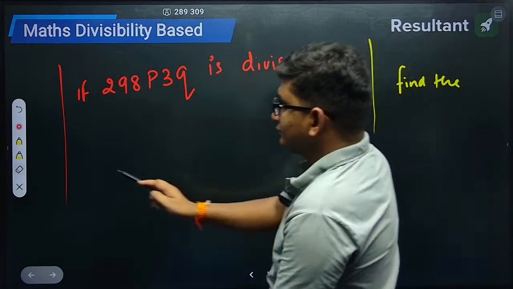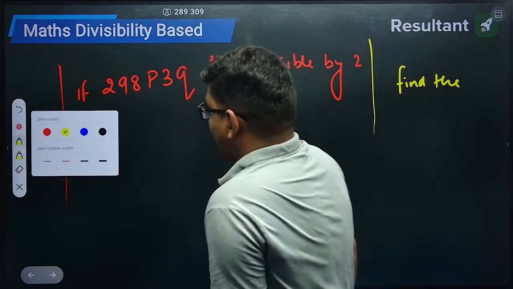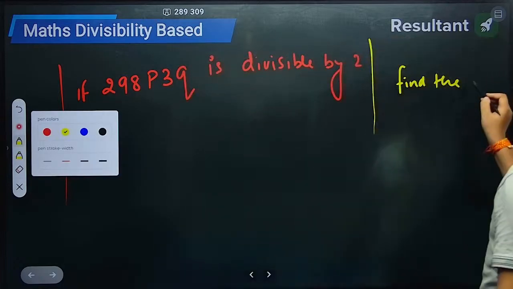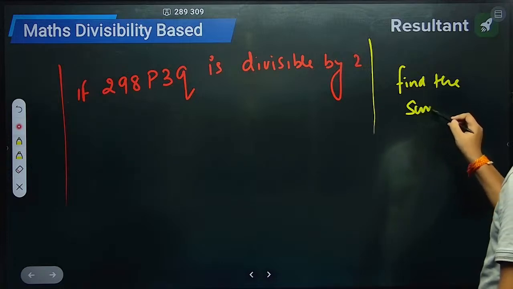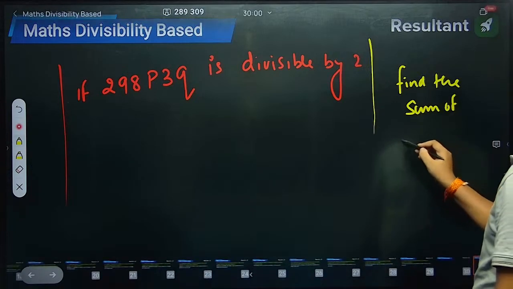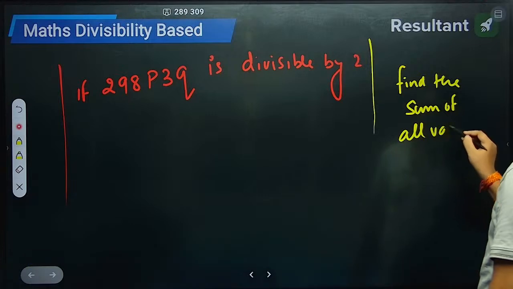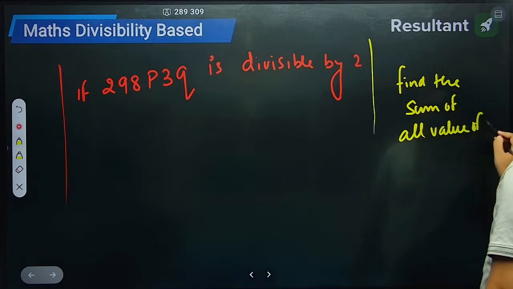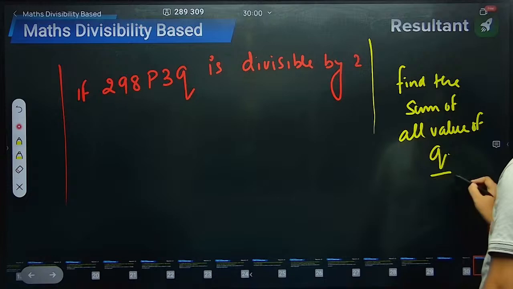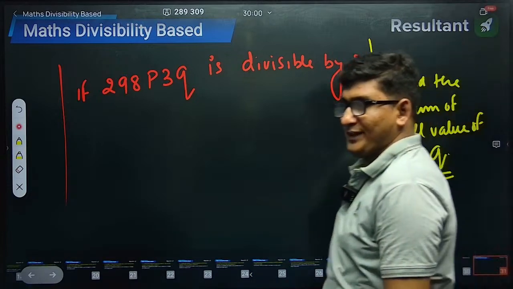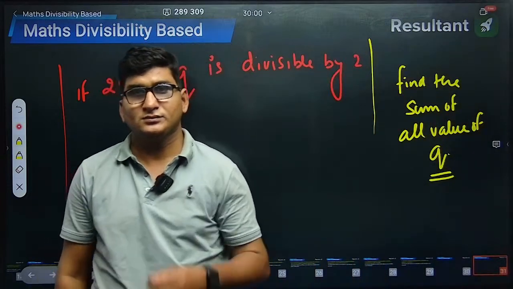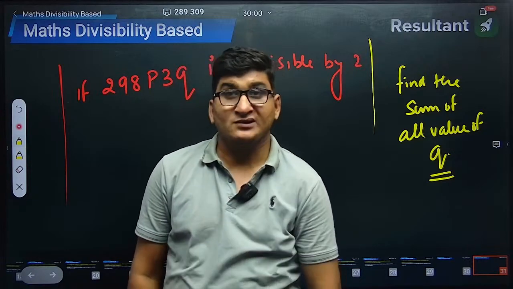Now find the sum of all values of q. So please tell me once, what will be the answer?